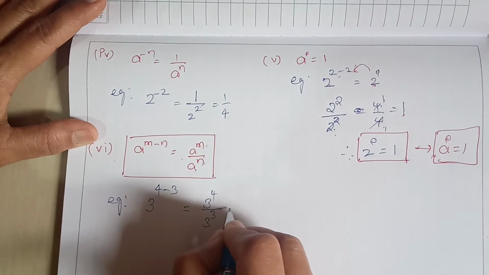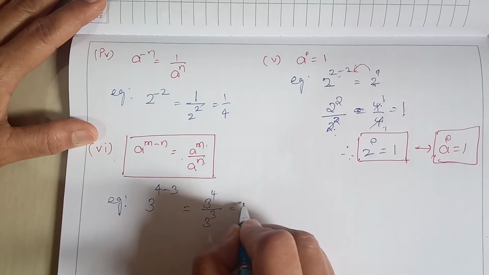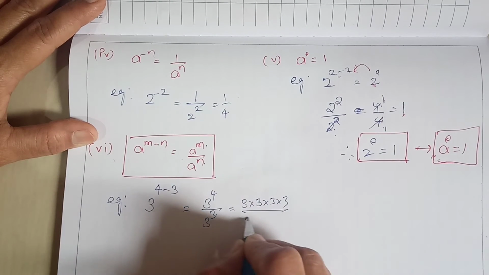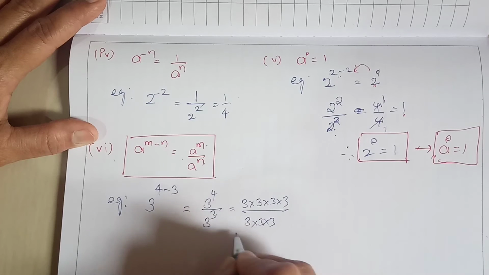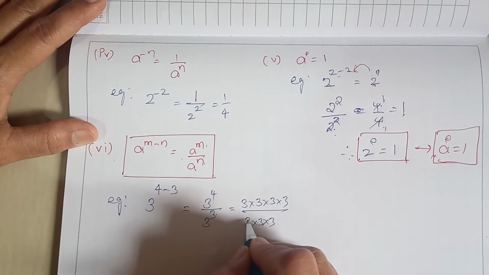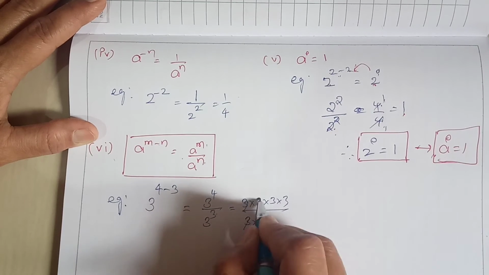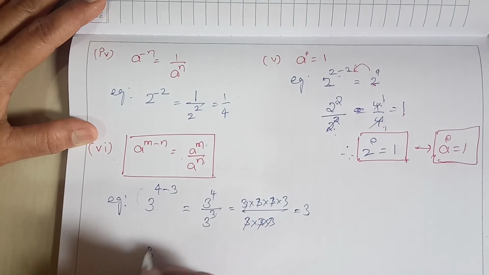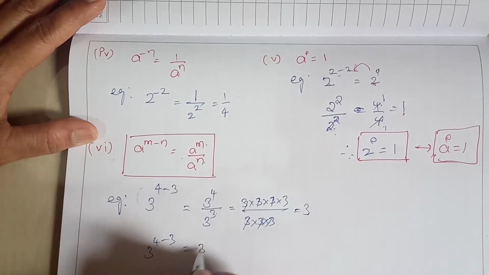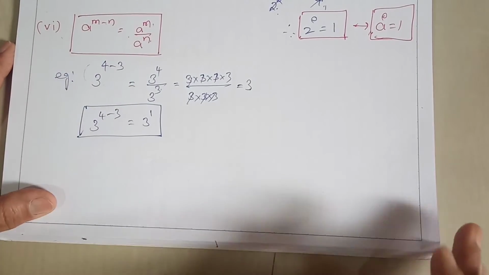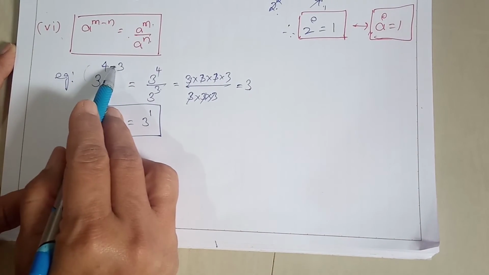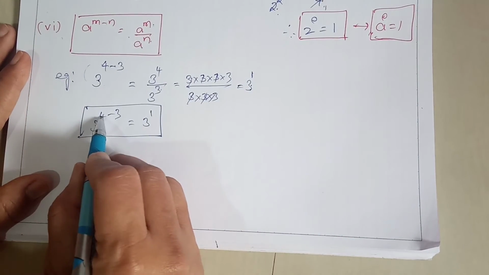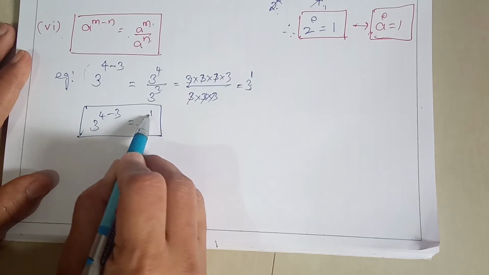What does it mean? 3 to the power 4 means 3 into 3 into 3 into 3. 3 cube means 3 into 3 into 3. So 1, 2, 3, 1, 2, 3 cancel. What is left? 3. So 4 minus 3 is equal to 1, and 3 to the power 4 minus 3 is 3 to the power 1.